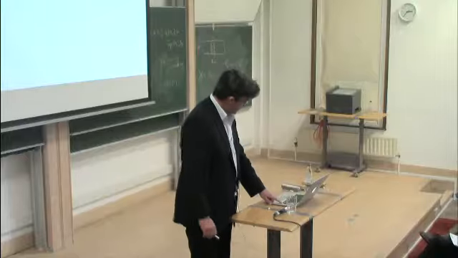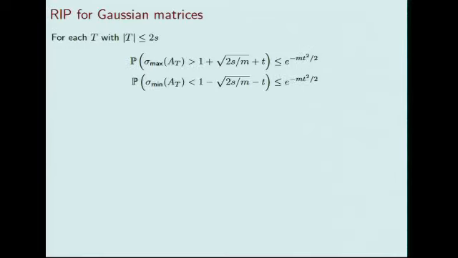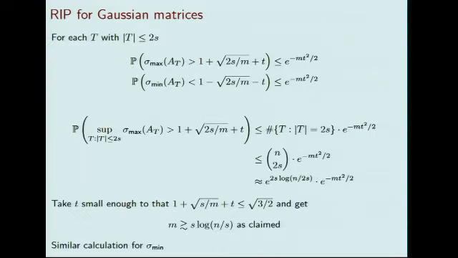All right, and now we just need to use a union bound. Okay, so now I want to show that for every subset of columns of size 2s, I can bound. So I know that for every subset of size 2s, I've got these inequalities. That's what we've just derived. Now I need to show that it holds universally, no matter how I pick the subset of columns. And what we're going to do is we're going to do it for the sigma max. The sigma min is exactly the same thing.